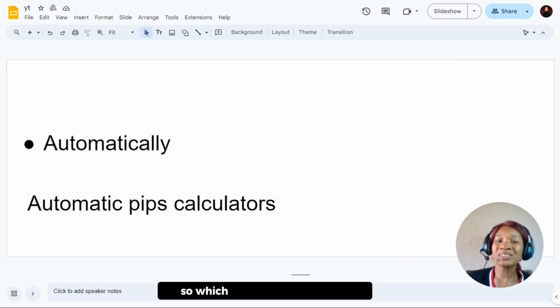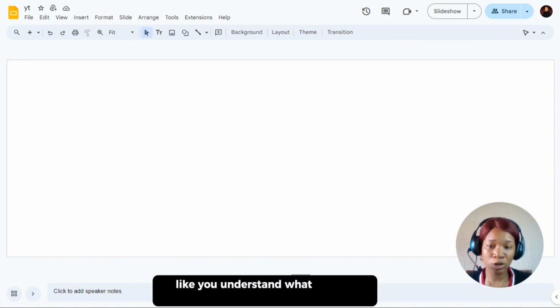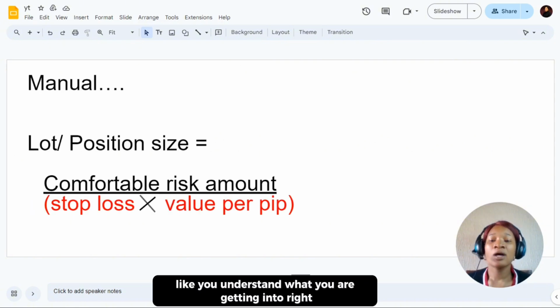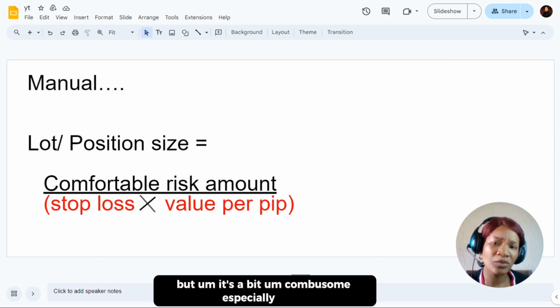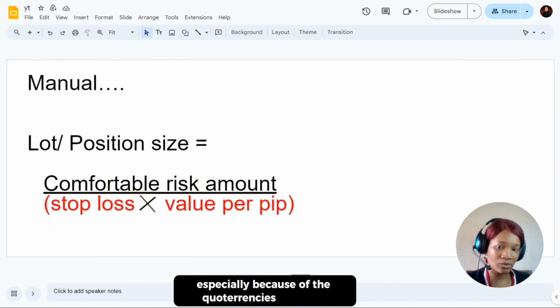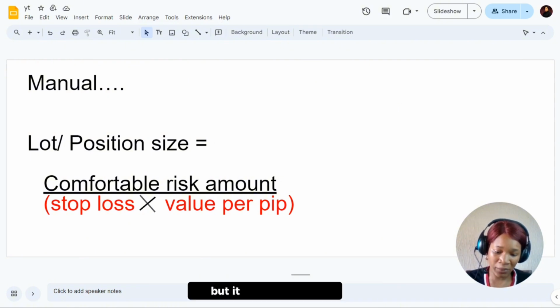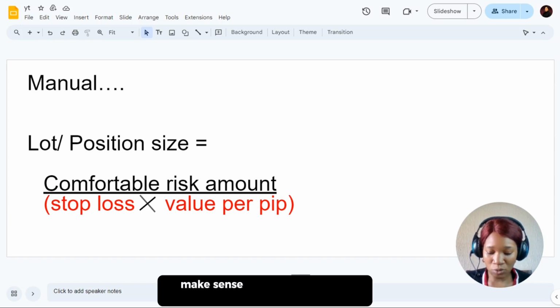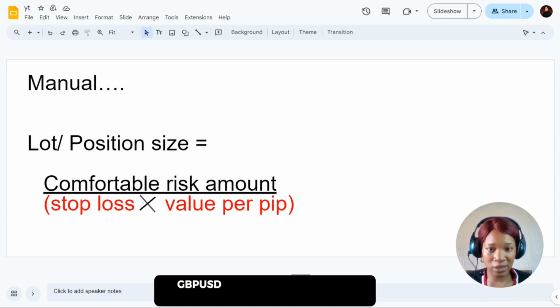So this method is good. It helps you understand what you are getting into, right? But it's a bit cumbersome, especially because of the quote currencies. The formula is the same, but it may not make sense to apply it to every pair, because this is GBP USD, where USD is the quote currency.